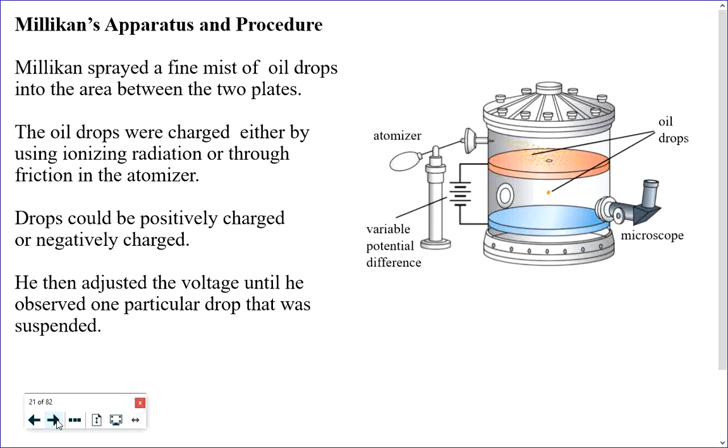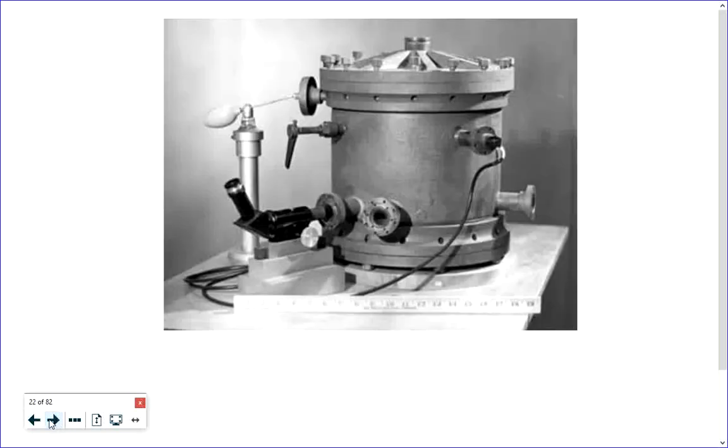Why would that happen? Ben? Right, which would mean if the bottom plate is negative, that drop is positive. But Millikan's smart. He's got a little button on here that you hit and it switches the polarity of the plates. Okay. Bottom line is, there's his original apparatus.